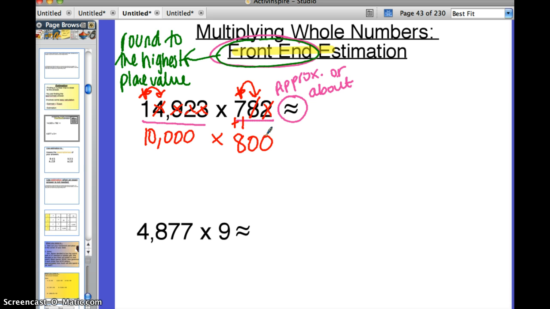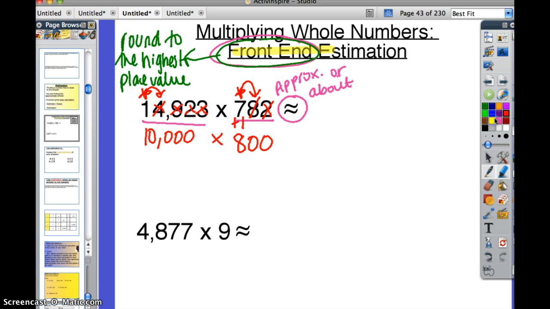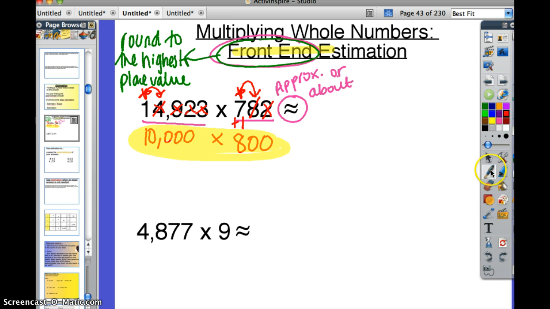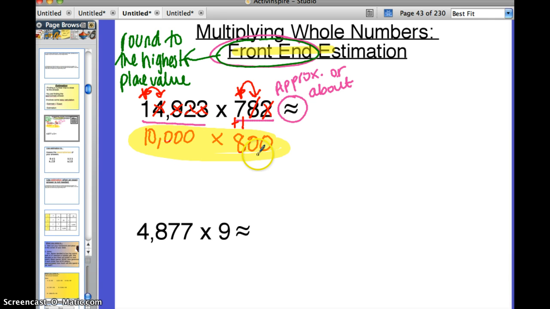Now this problem should look familiar to you. I hope. We worked a lot on these types of problems that have to do with multiplying powers of 10 by multiples of powers of 10. 10,000 is a power of 10. 800 is a multiple of 100, which is a power of 10. So these are easy numbers to work with.